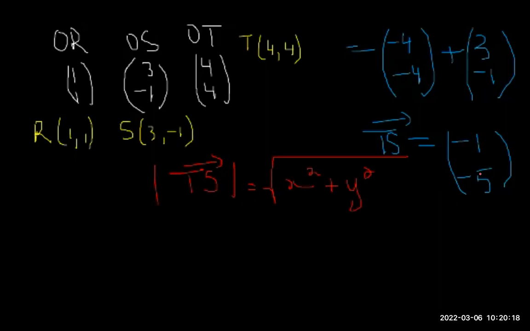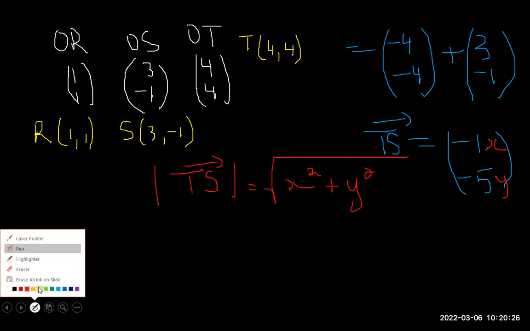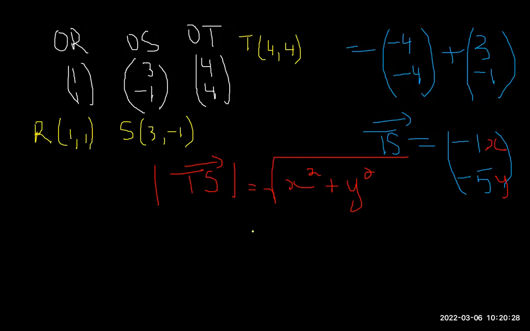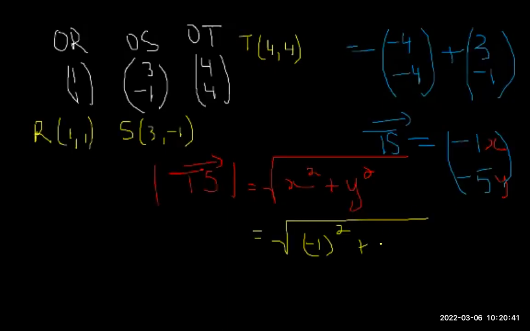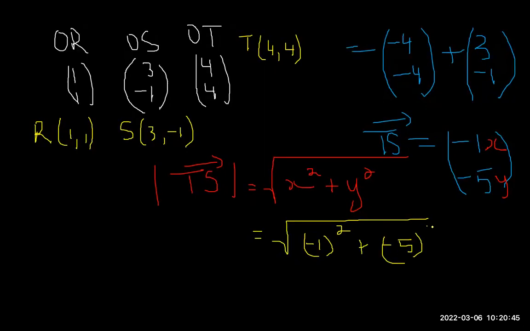So remember, the vectors are always in the form XY, right? The number on top is always X, and the number below is always Y. So what I would substitute into this formula would be square root of X, always the top number, so that's minus 1, squared plus Y, always the bottom number, that's minus 5 in this case, so minus 5 squared.